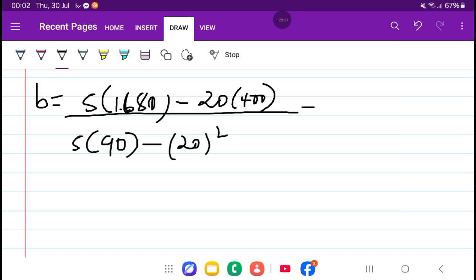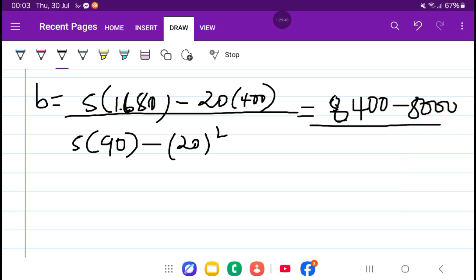So this one is giving us 80, the numerator. Let me try to simplify. The numerator minus, this is 8,000 over 450 minus 400.